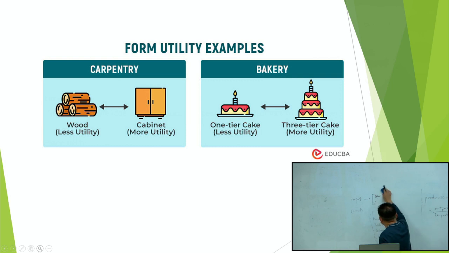The other example of form utility is added value. If you buy any kind of product and services, you have to pay, which includes tax. The government puts tax on every processing or purchase of goods and services.